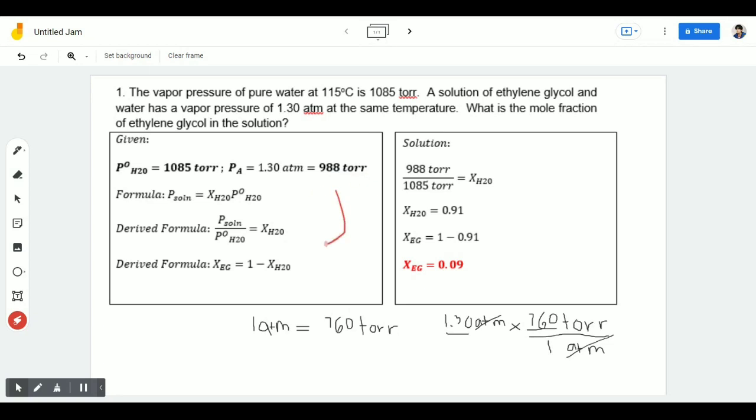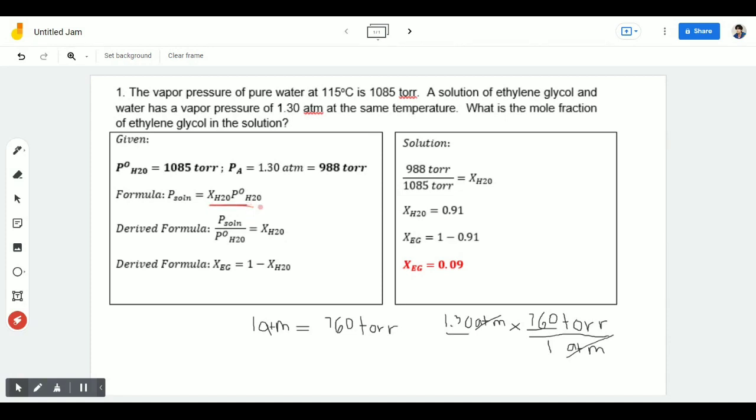So, doon tayo sa formula. Yung formula is P sub A is equals to X sub A times P raised to O sub A. So dito, si P sub A ay si P solution is equals to ang X sub A natin is si X H2O. And then si P raised to O sub A ay si P raised to O H2O.